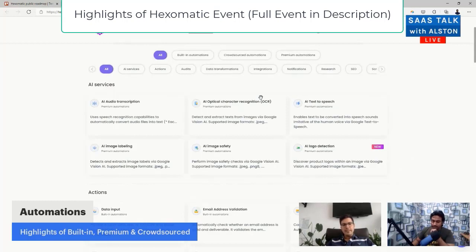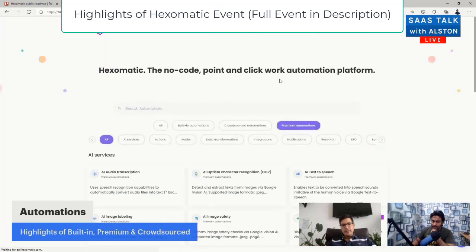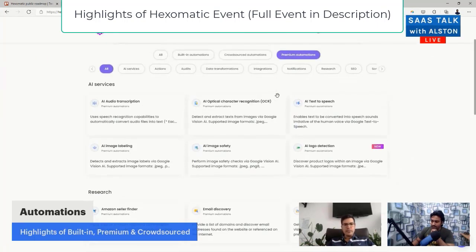So the idea with premium and normal automations is simply that there are certain things that use third parties. For example, Google AI services like transcription, OCR, text-to-speech, image labeling, image safety detection.